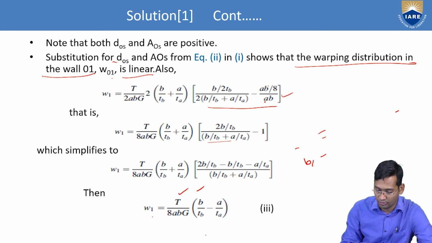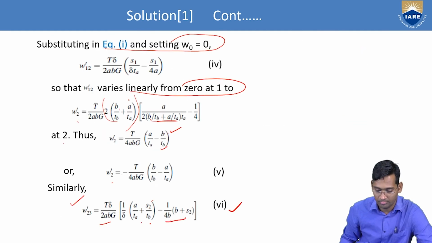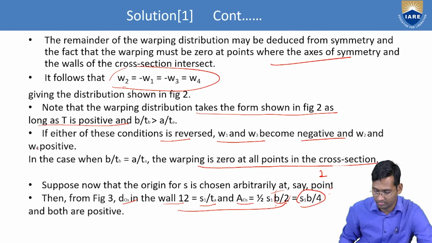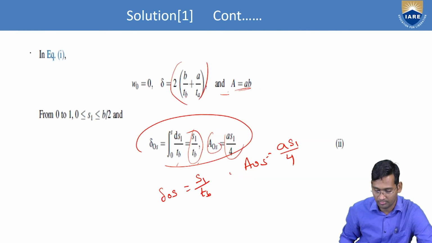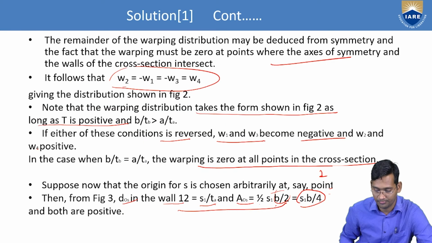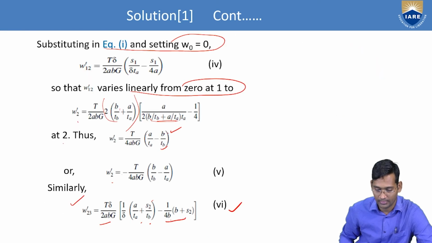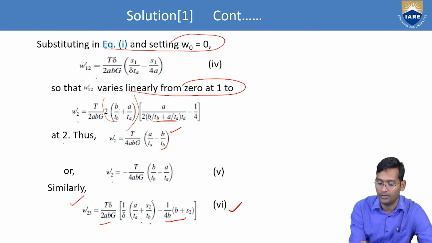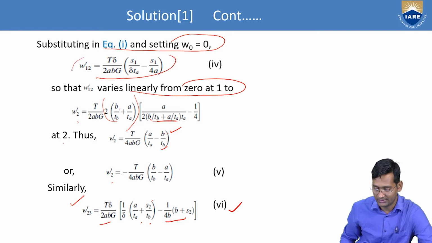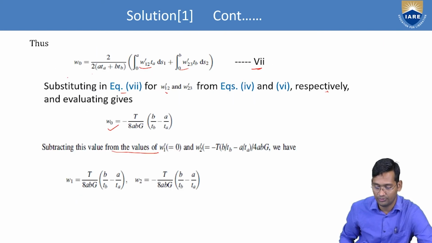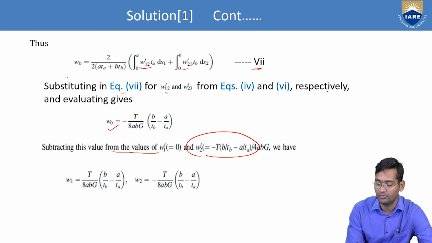Okay, this is W1, right? That is the same. So hence that will give you a value of 0. And W dash 2 equals this value.